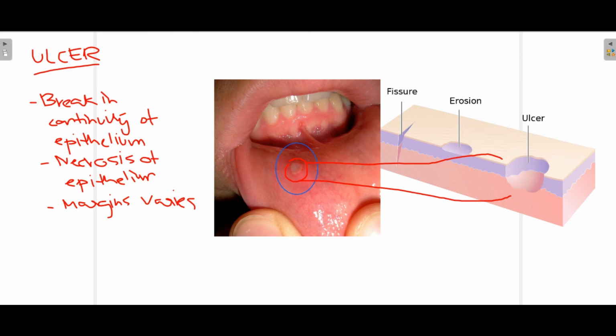Sometimes the margins of ulcer are rolled, sometimes they are everted, sometimes they are crater-like. So these different margin descriptions tell us the particular etiology that might have caused this ulcer. For example, if the margins are rolled, we may think that it may be due to basal cell carcinoma, but we cannot tell it definitely until a biopsy has been done.